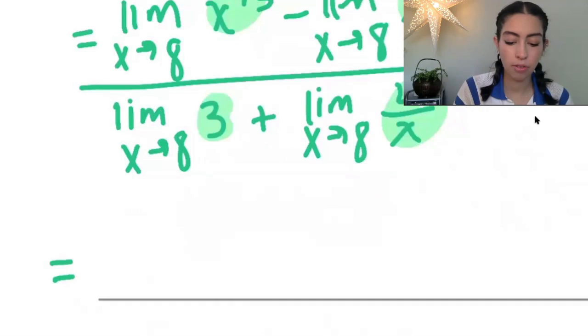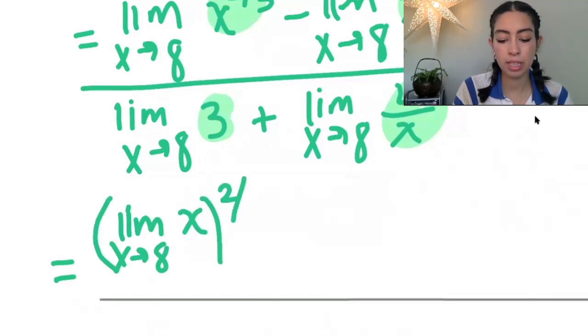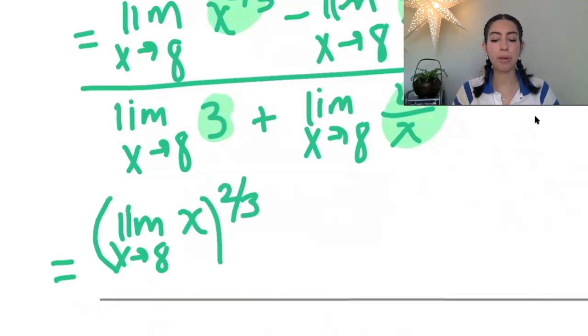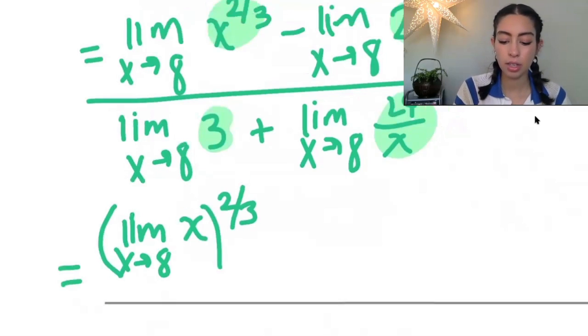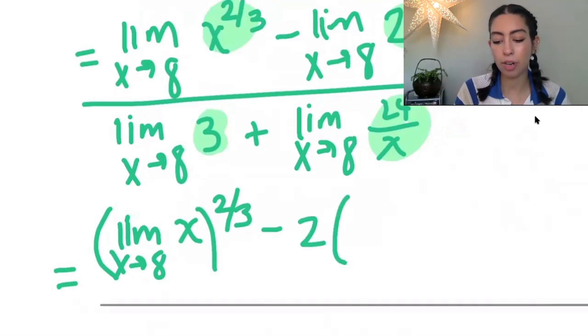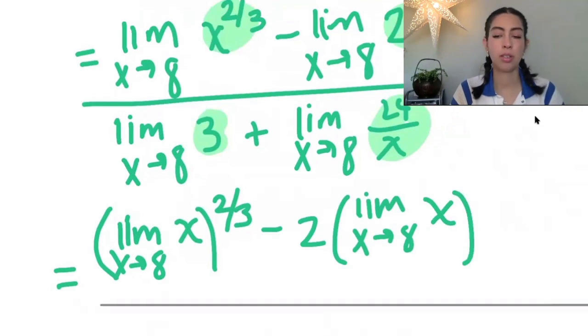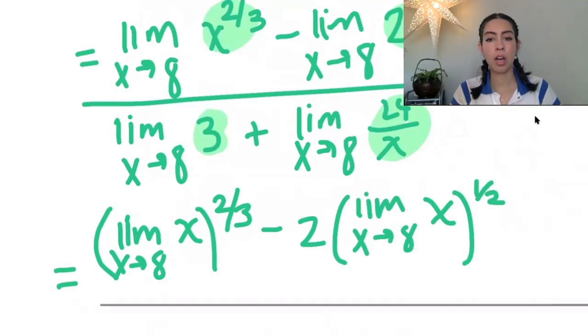And for this first one, the limit as x approaches 8 of x, and we can raise that all to the 2/3 power. And then we've got 2 root x, so that 2, I can bring out in front. And this is going to be the limit as x goes to 8 of x. And since the square root of x is the same thing as x to the 1/2, I'm going to put that 1/2 there.